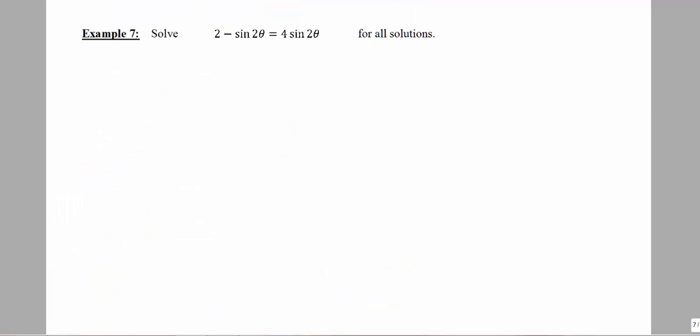Here in example 7, we're asked to solve for all solutions from the very beginning. So we don't have a specific interval for theta. We want to get the sine function by itself on one side. So we want sine, the trig function, and its input angle. And notice that the input angles here are exactly the same.